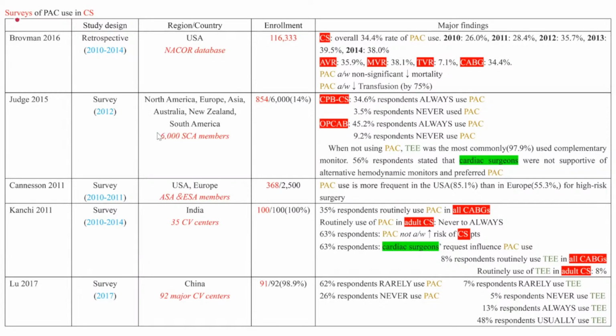Another survey of 6,000 SCA members demonstrated that 34% of respondents always use PAC, and 45% of respondents always use PAC in off-pump coronary artery bypass surgeries.